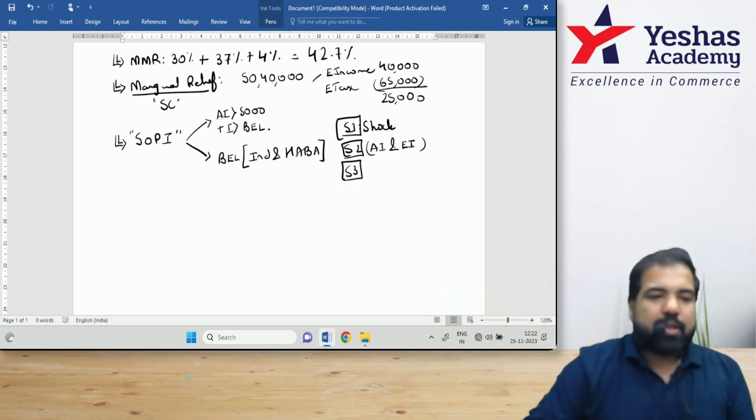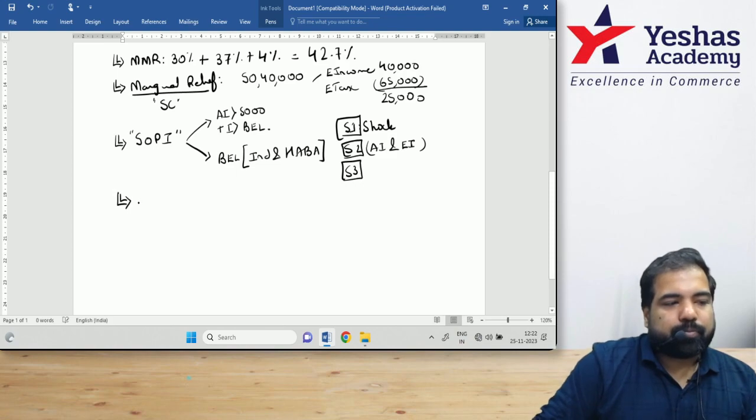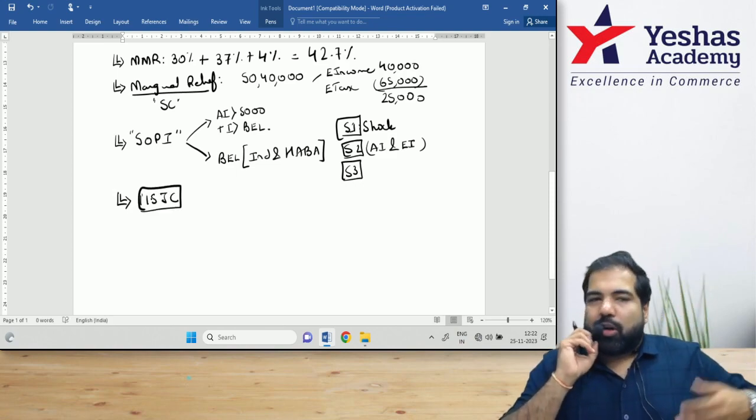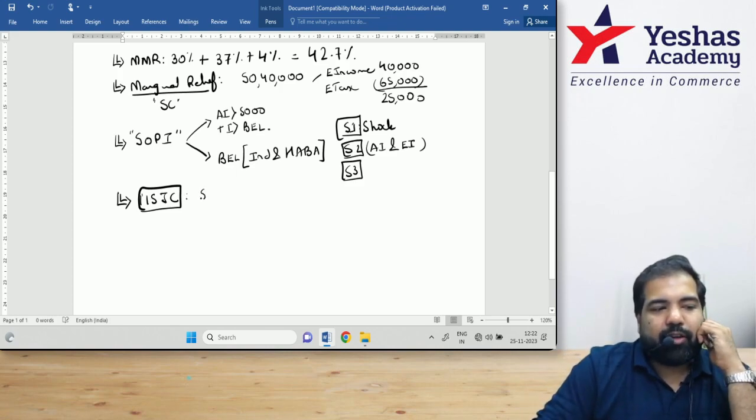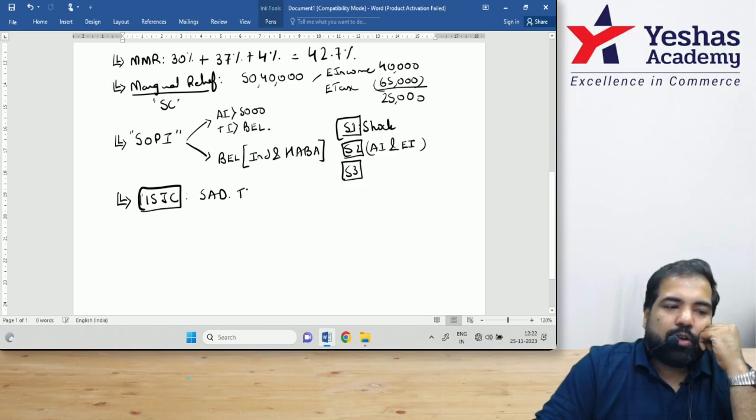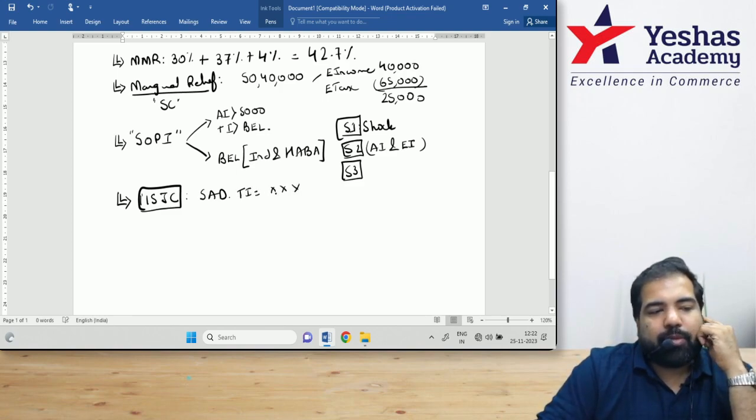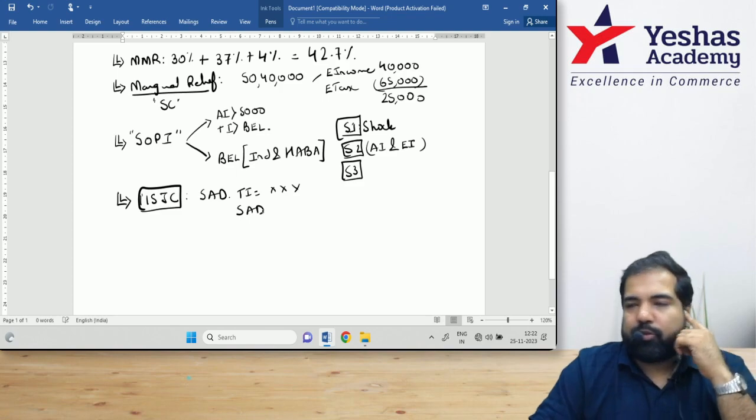Not important. What is the next one? 115JC. What is the full form? This applies only when you have three deductions. Guys, what will you start with? Total income. Whatever the total income is, you will add the deductions. Please tell me the full form.